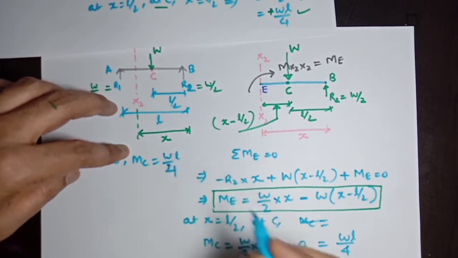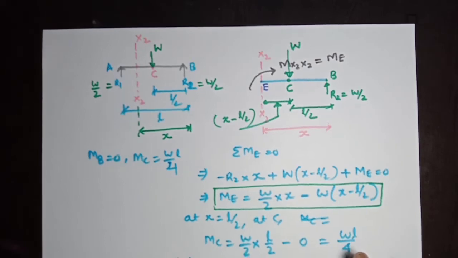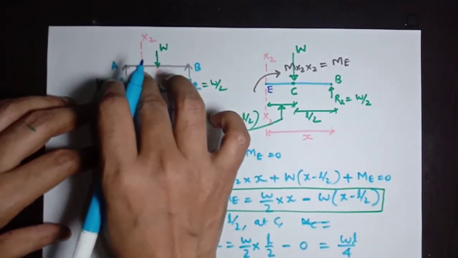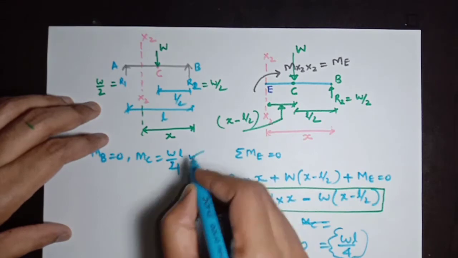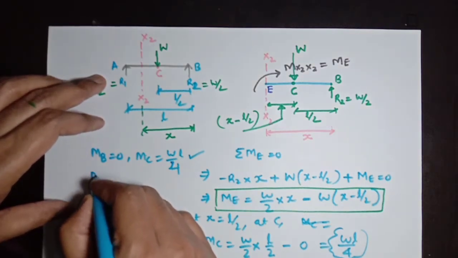And from any general section to the left of point C, which is section x2, the same expression gives WL by 4 at C. And at A, as I have calculated here, MA equal to 0.